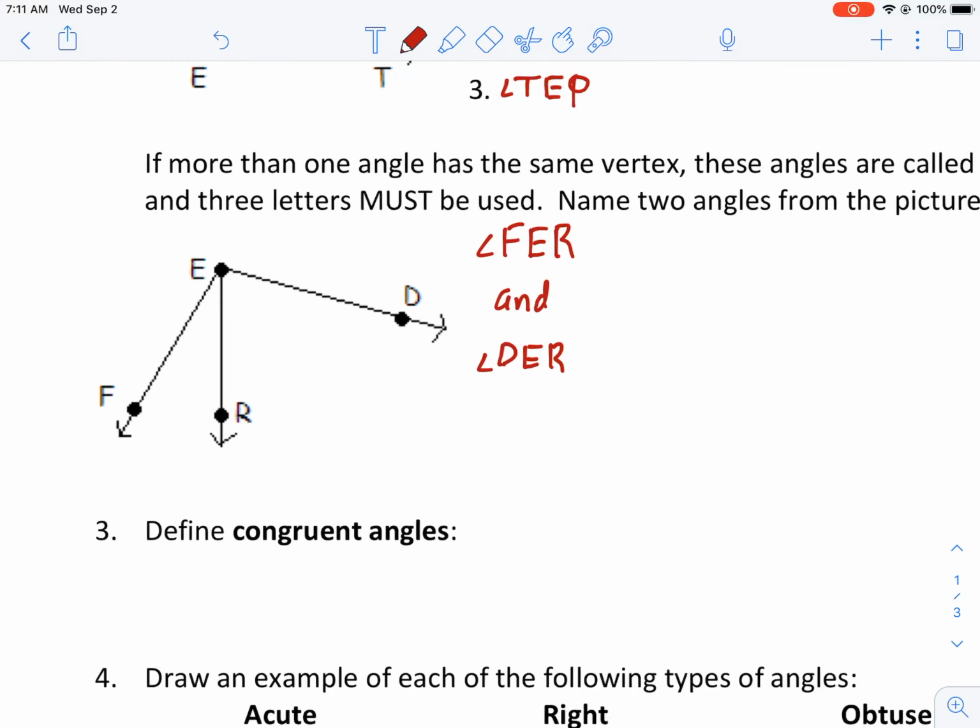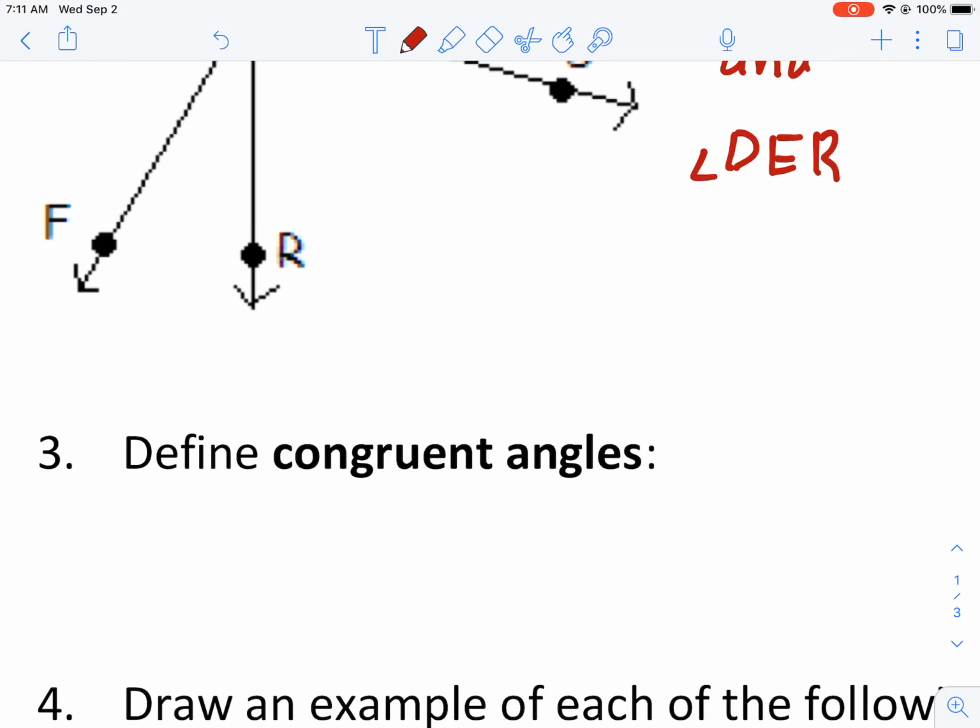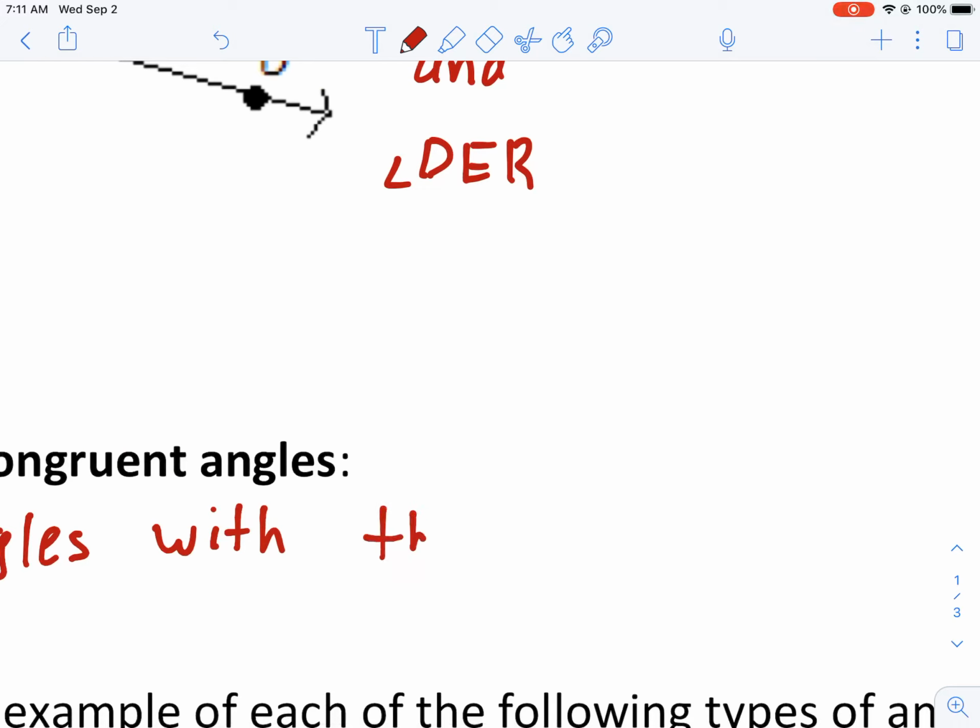Congruent angles, all right? Congruent angles are angles with the same measure, okay?